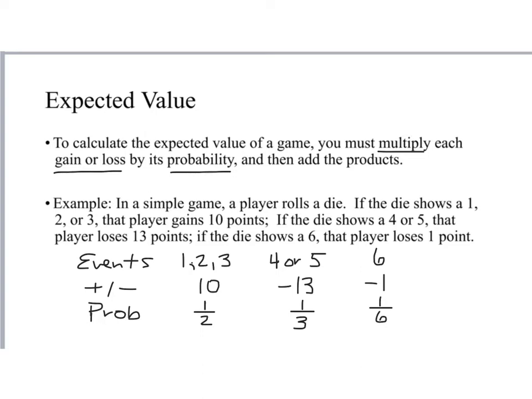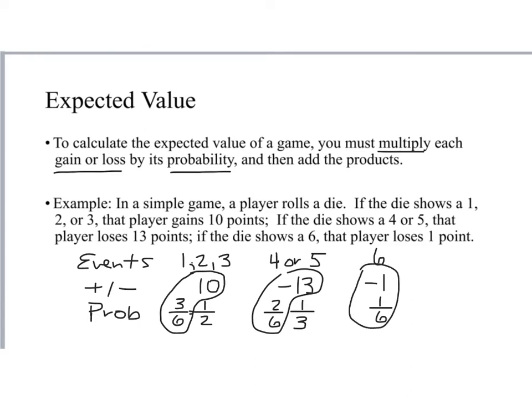Now, without reducing, we might want to keep this as 3 out of 6 and 2 out of 6. Then by definition, we multiply the gain-loss times the probability for each of these, and then add those.